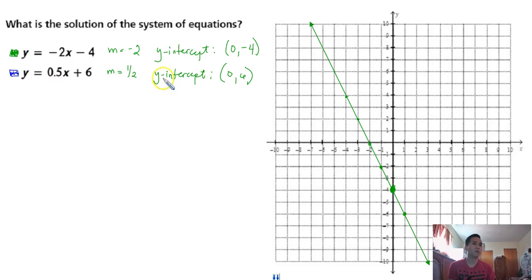Now I'm going to use blue on the next equation. I'll be using (0, 6) as the y-intercept. My slope is positive 1/2, so I'll go up 1 and over 2, and repeat. Then I'm going to connect those points.